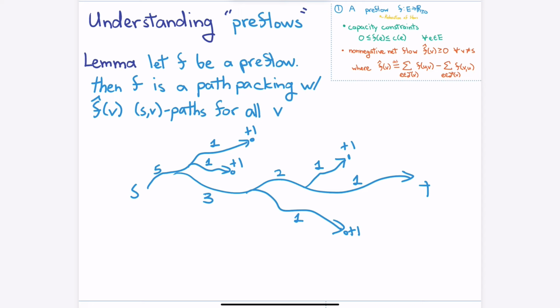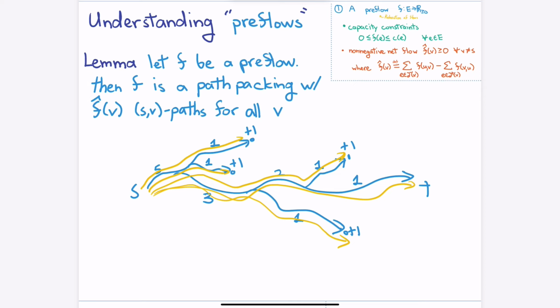So in this picture, you can break this down into 5 paths that satisfy the capacity constraints. 1, 2, 3, 4, 5. Assuming the flow originally satisfied the capacity constraints, then this collection of paths will use at most 5 edges for these first few edges, things like this.